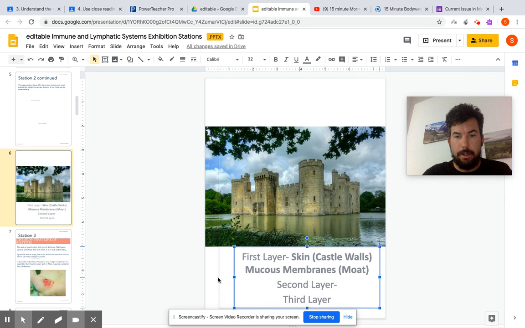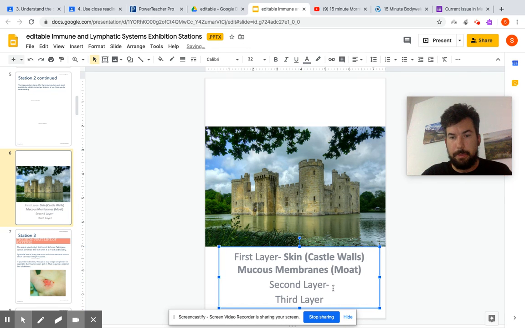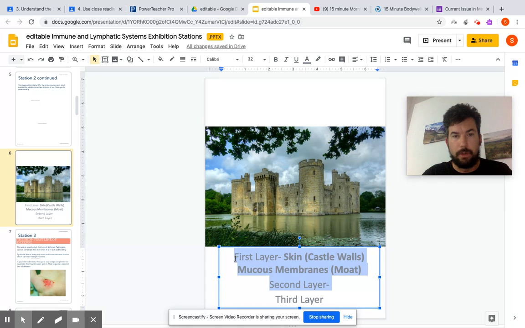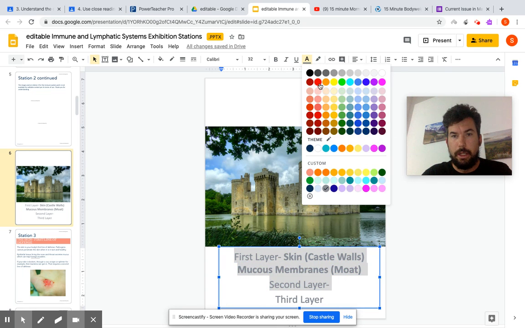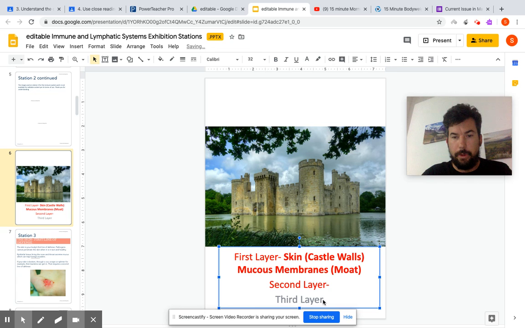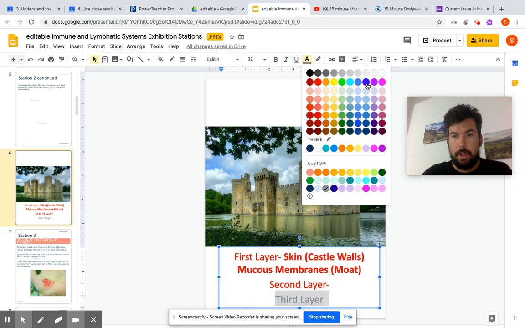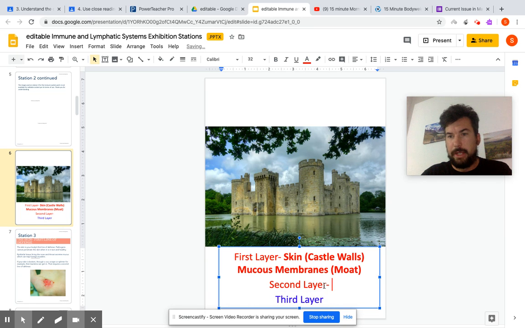Now, the second one is the non-specific, part of our next one. I'll color the non-specific one here in red, and I'll leave the third layer in a nice blue color here. Now, with the second layer of defense, let's say, for instance, that some soldiers have managed to wade across our moat, and they're bringing up some siege machines or siege weapons to try and get into the castle.